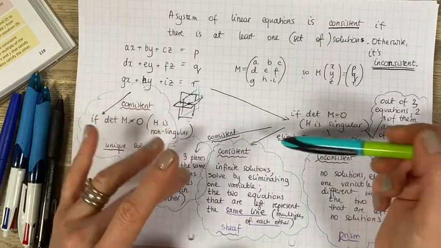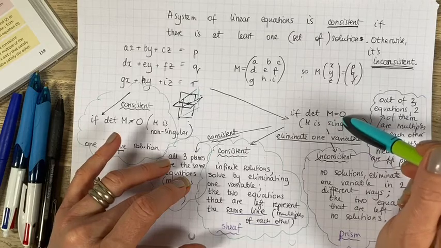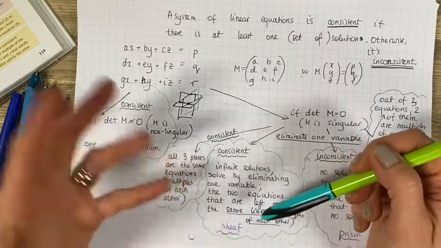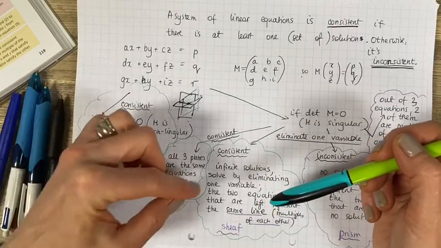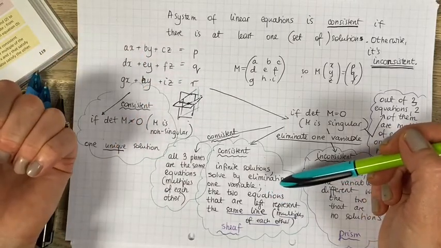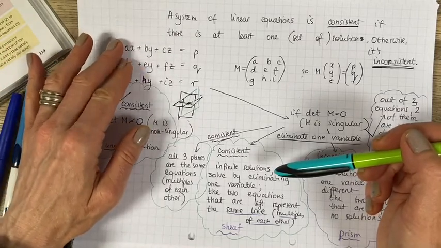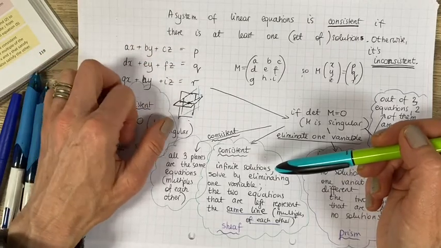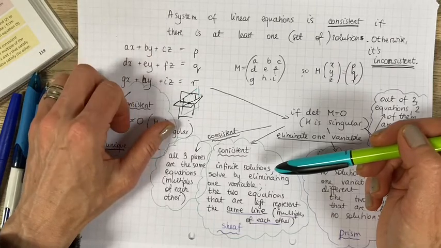Now, how do you do that? You find that the determinant is equal to 0, and then you attempt to solve it. You solve it not like in the previous example, but by eliminating one of the variables, normally z. Use the elimination method: have the same number of z's in the first two equations, and you end up with two equations in terms of x and y.